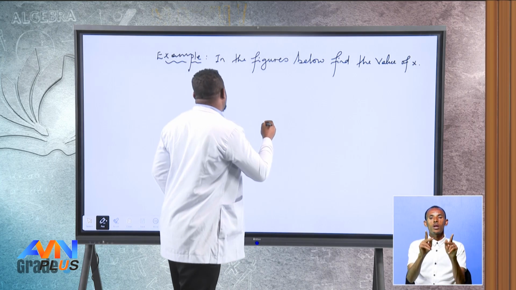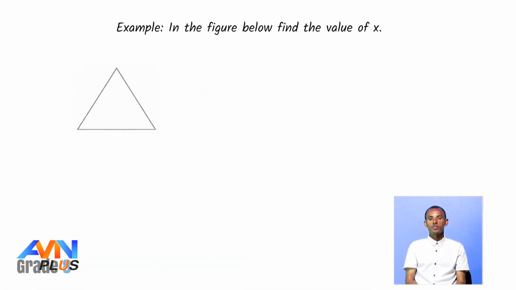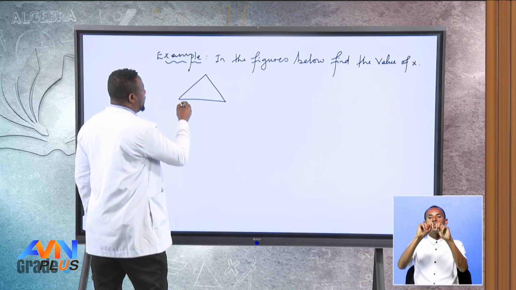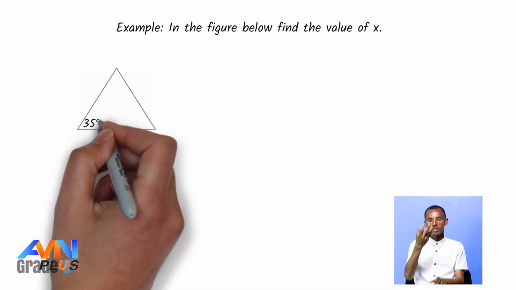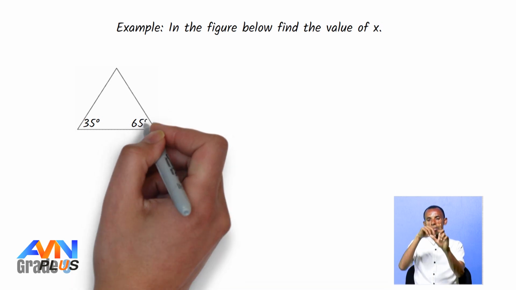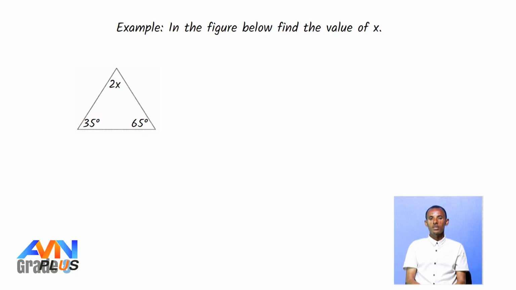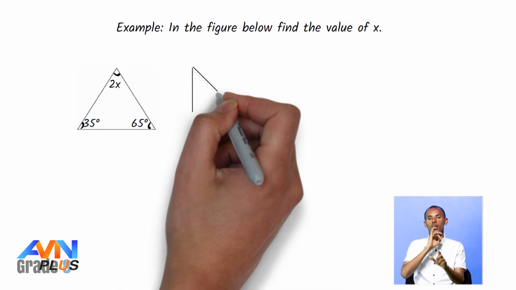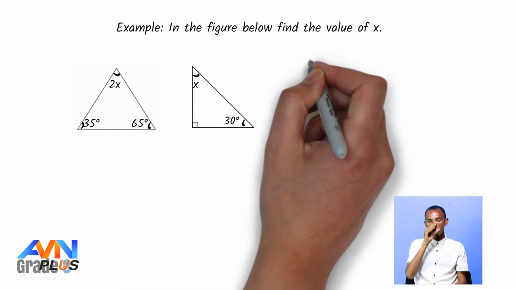Okay, one of the figures is a triangle with angles 35, 65, and 2x. The other triangle is a right triangle. Here one angle is 30 degrees. We don't know this angle, say this is x.